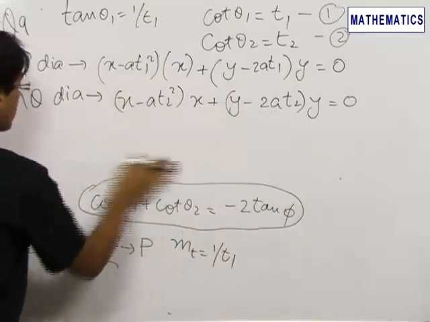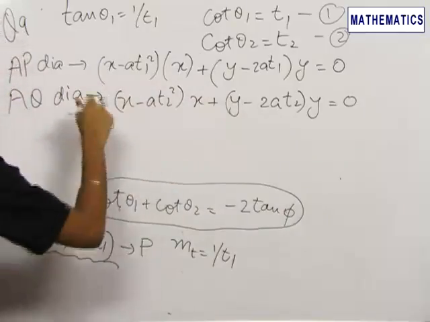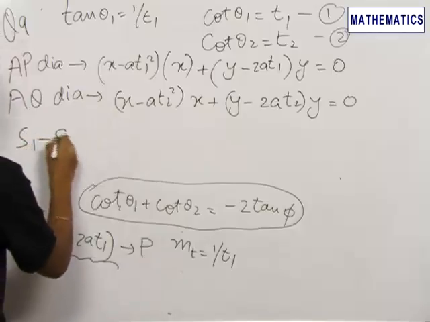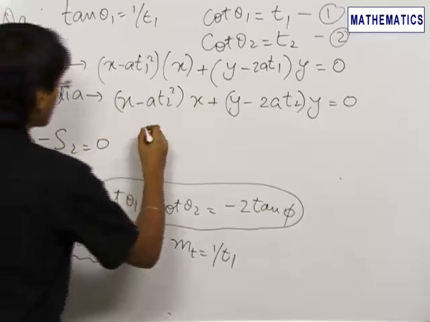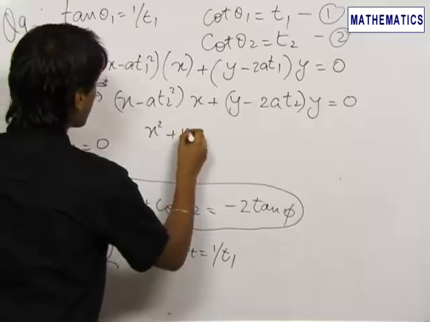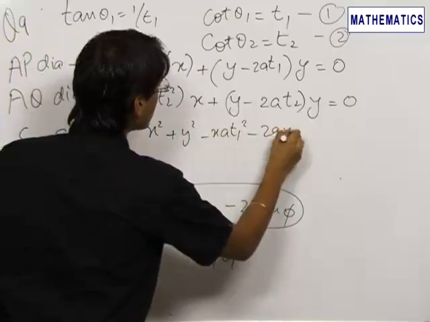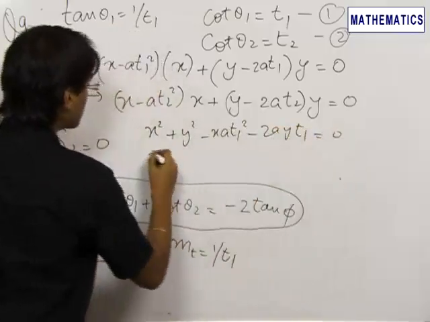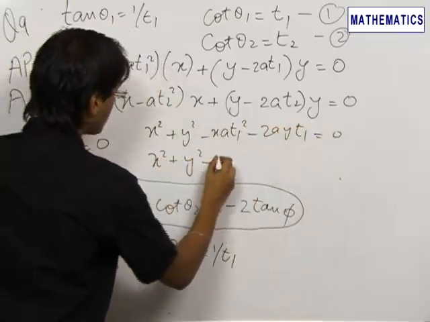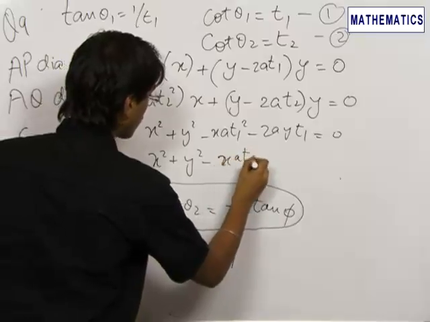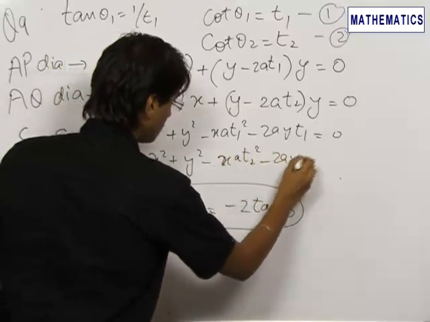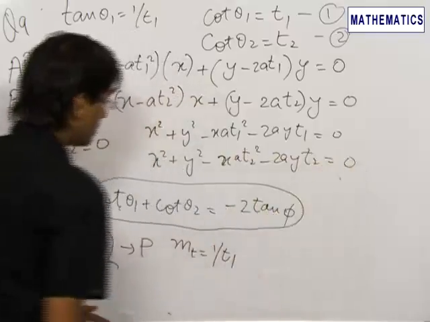So the equation of the common chord can be found out by subtracting the two circles, that is S1 minus S2 is equal to 0. The first circle is x square plus y square minus x a t1 square minus 2a y t1 equals 0, and the second circle is x square plus y square minus x a t2 square minus 2a y t2 equals 0.